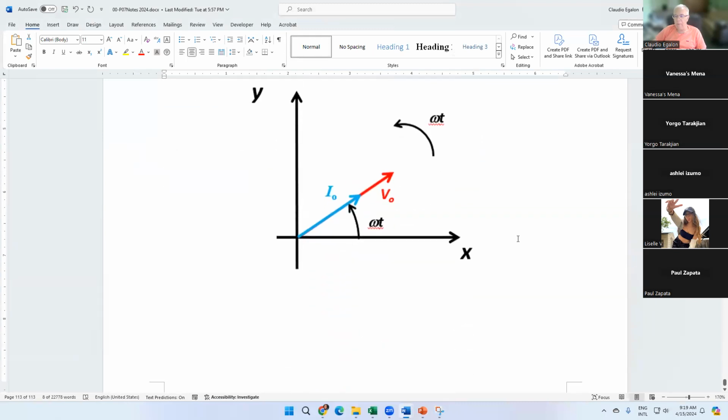Phasor diagram for both the voltage and the current of an AC circuit with a resistor.